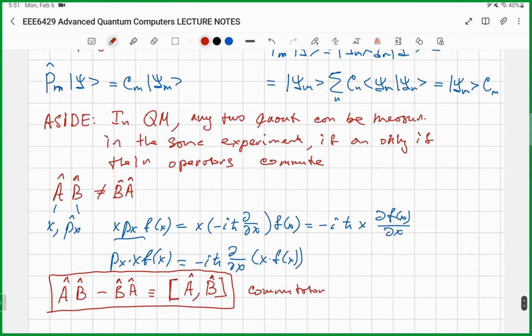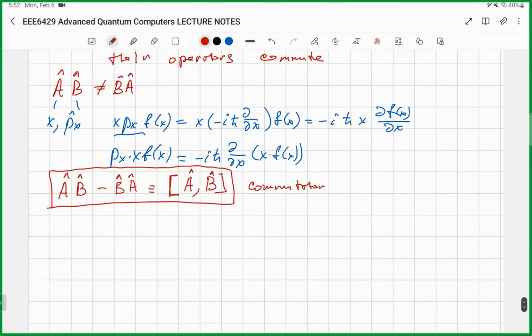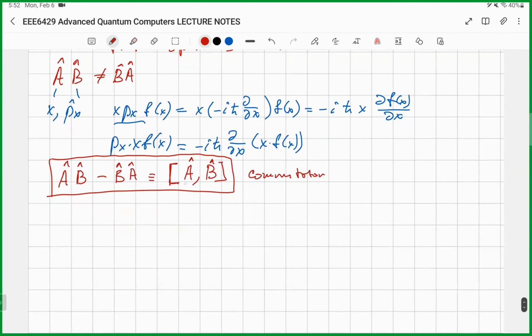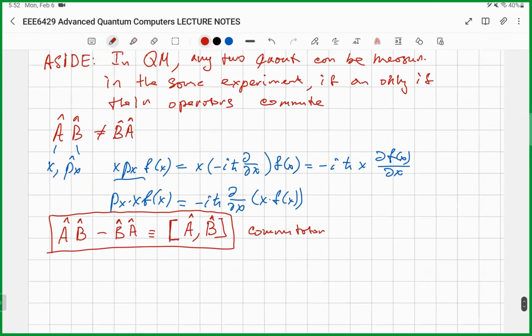And this aside says that in quantum mechanics, any two quantities can be measured in the same experiment only if their operators commute. So if you measure some quantity A and quantity B in the same experiment, for example, coordinate and momentum, we discussed that coordinate and momentum don't commute.